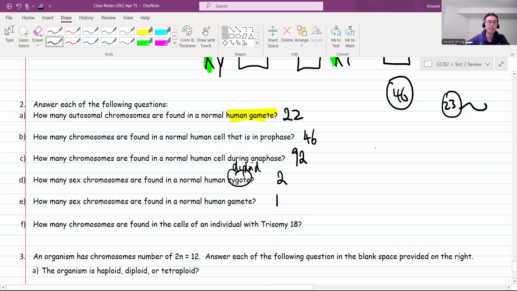What does trisomy 18 mean anyways? Yeah, trisomy 18 means an extra chromosome 18. So normally people have 46, and now there's an extra one, 47.